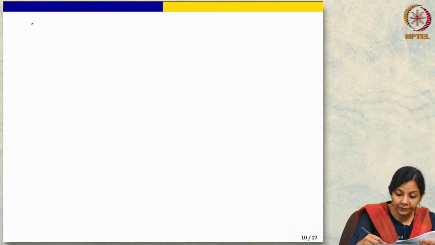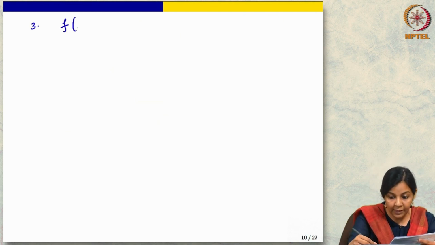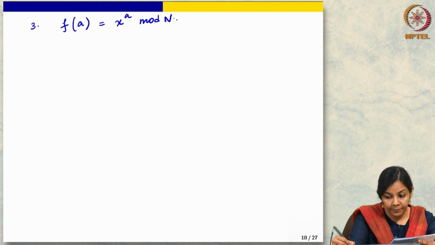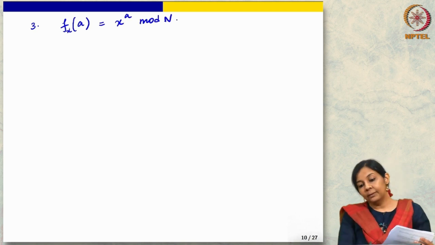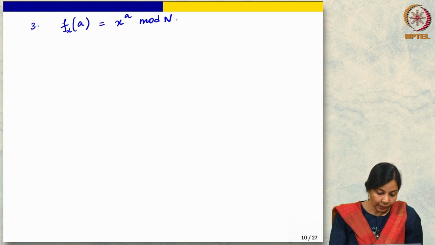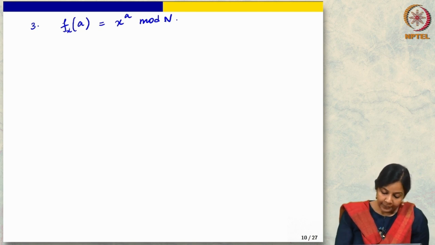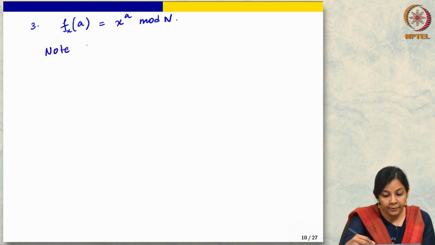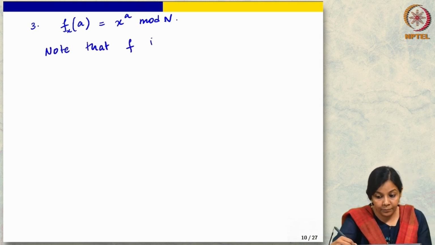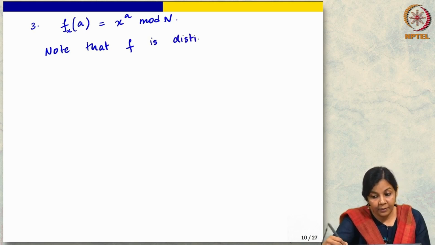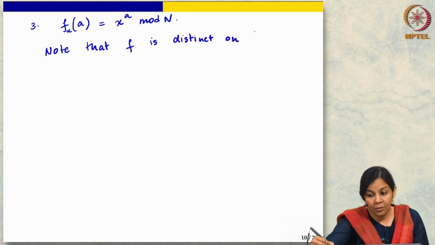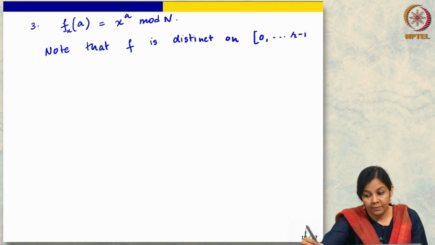Now we need to define a function that we care about. Let us define f of a as x to the a mod N. This x is chosen uniformly, and we want to find the order. Note that f is distinct on 0 to r minus 1.